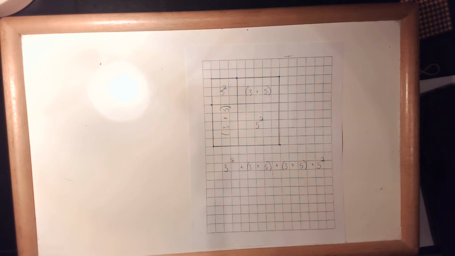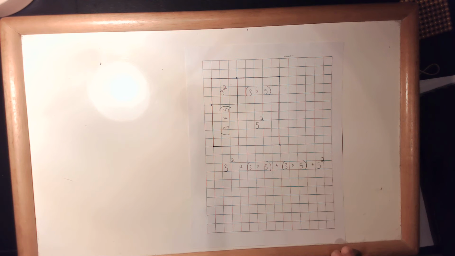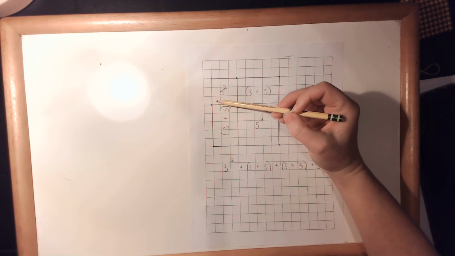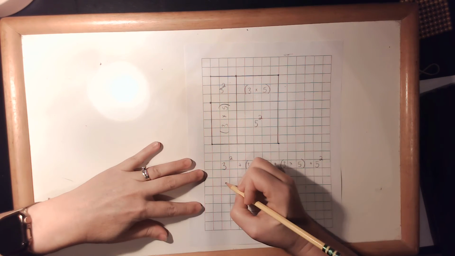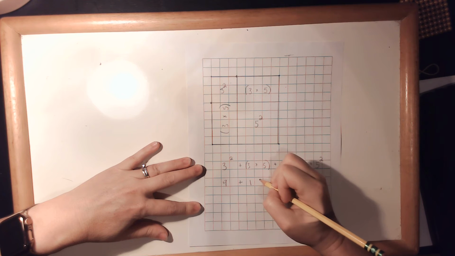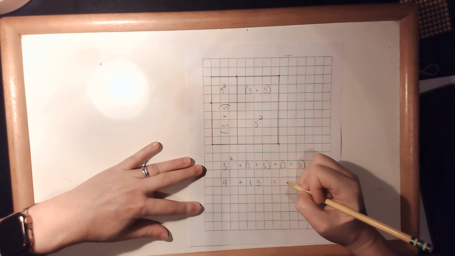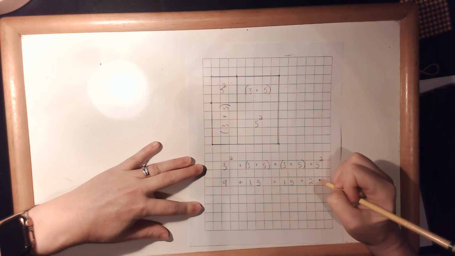Then I place the value under each of these. And again, you can use your times tables, or if you have them memorized, you can also just count up the squares, and it will tell you exactly how much that is. 3 squared is worth 9. 3 times 5 is 15, plus another 15, plus 25.